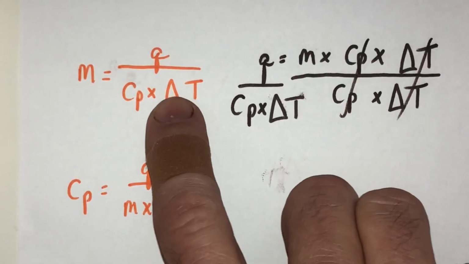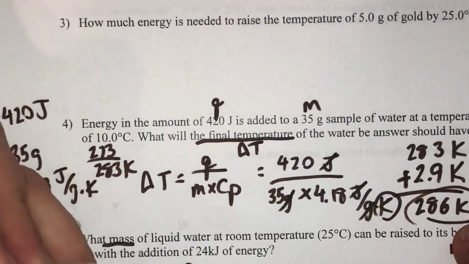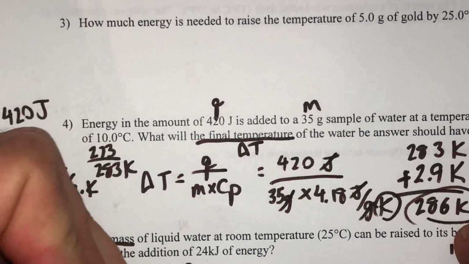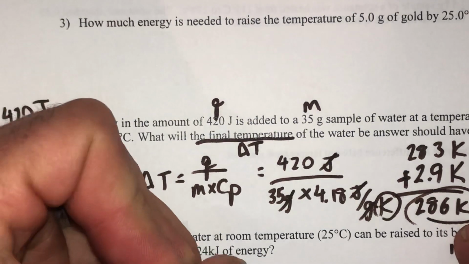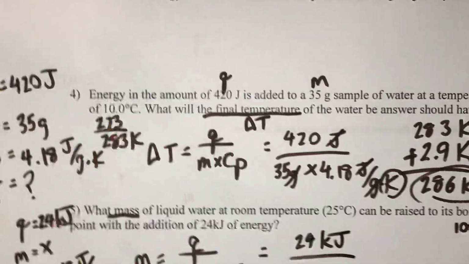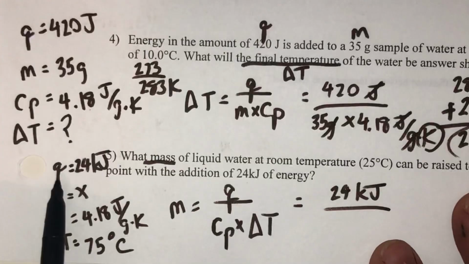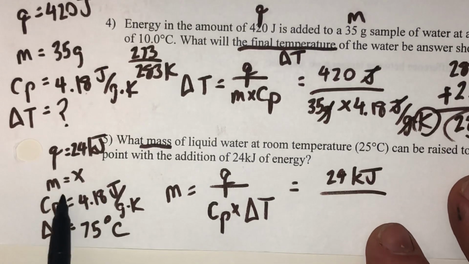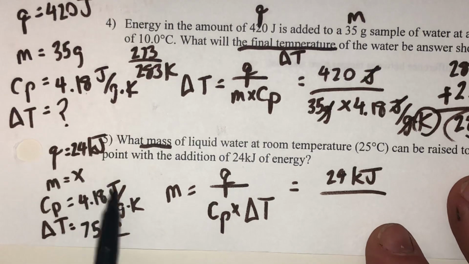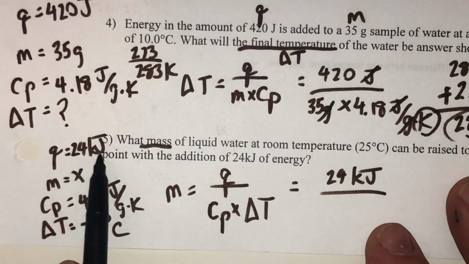Okay, so we're solving for M using this equation, Q over the other two. So Q over Cp times delta T. Our Q is 24 kilojoules over Cp. Now look at how this is different. Q is in kilojoules, but Cp has joules. Those units don't match, so we do have to change these units to joules.